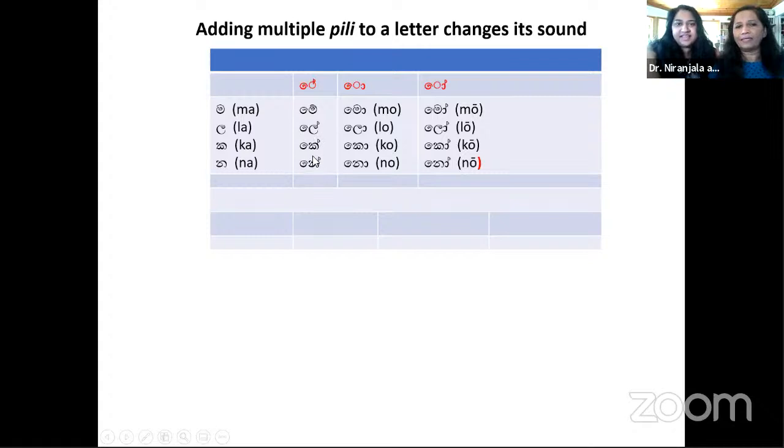Lay, K, and nay. Then you add the swirly and the mug handle, and it's an O sound. Mo, lo, ko, no. You add the swirly, the mug handle, and the flag, then you're extending that O sound. And you get mo, lo, ko, no.